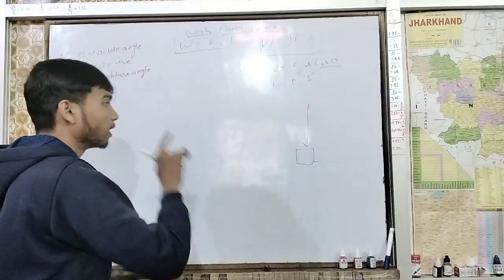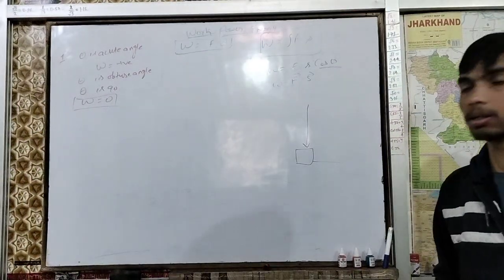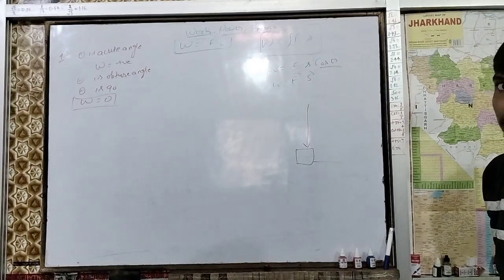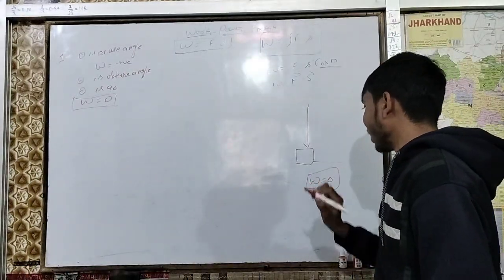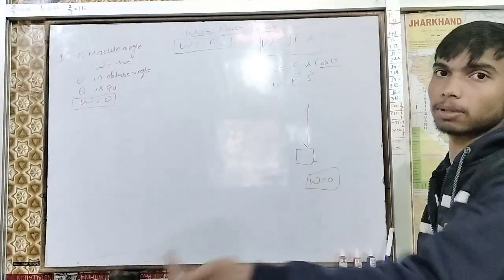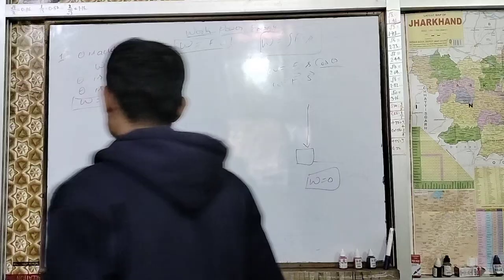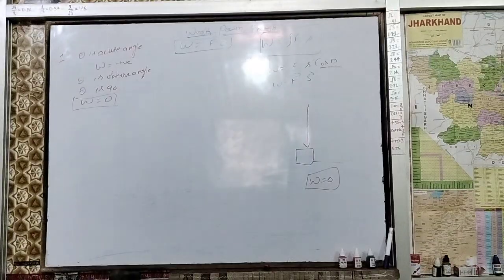That's why we applied force, but there is no displacement. So over here work done will be 0. Why? The reason is this body didn't displace, this body didn't cover distance. Okay, these were 3 points.